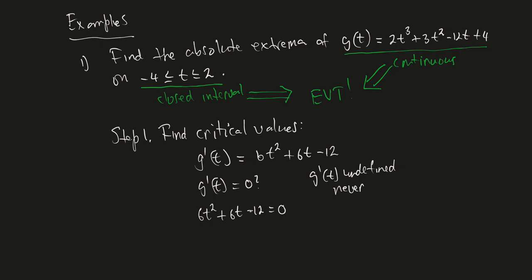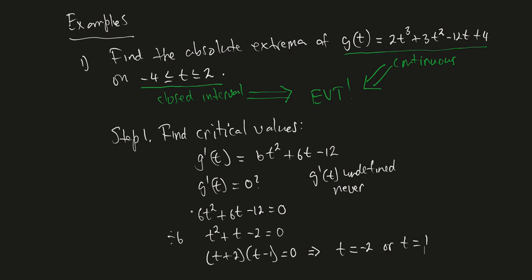Let's divide through by 6. We have t squared plus t minus 2, and this one factors nicely. It's t plus 2 times t minus 1. So we get two critical values, t equals negative 2 or t equals 1. And both of these are inside this interval, right?